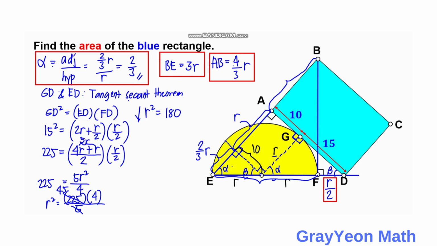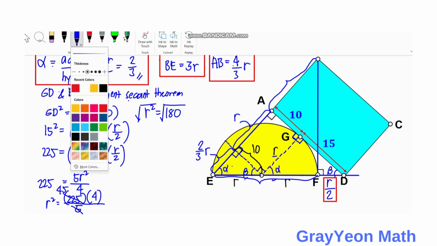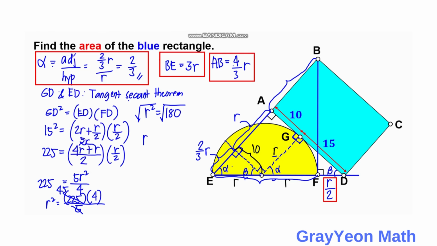If we take the square root of both sides, R is equal to the square root of 36 times 5. We can put the 36 outside, and the square root of that is 6. So the radius of the circle is 6 square root of 5.